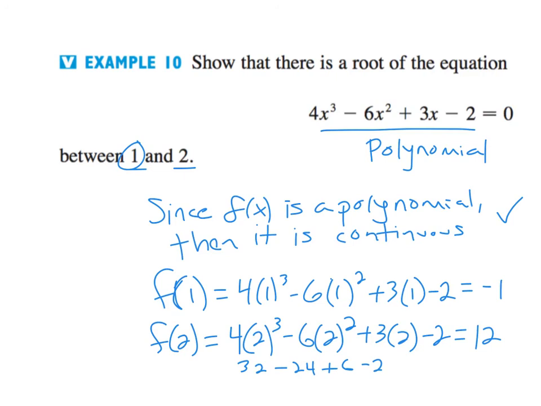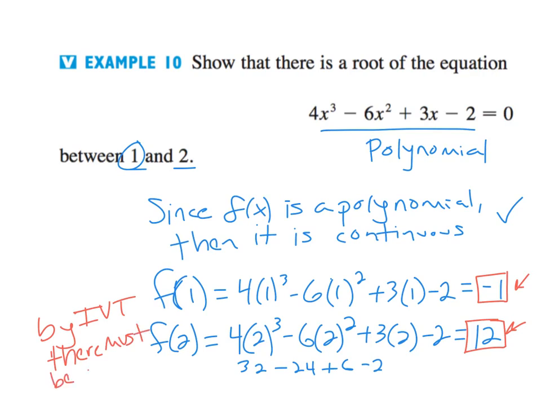So notice that since we have a continuous function and f of 1 is -1 and f of 2 is positive 12, that means there's got to be a root between x equals 1 and 2, because it's changing from a negative output to a positive output, below the x-axis to above the x-axis. So we could say by the intermediate value theorem, there must be a root between 1 and 2.